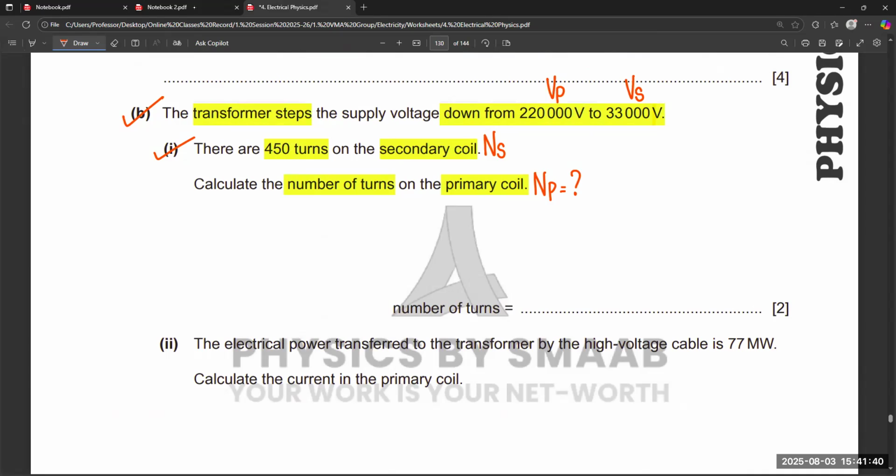So again, voltage and number of turns are given. So NP over NS equals VP over VS. So the value of NP is VP multiplied by NS divided by VS. The value of VP is 220,000.